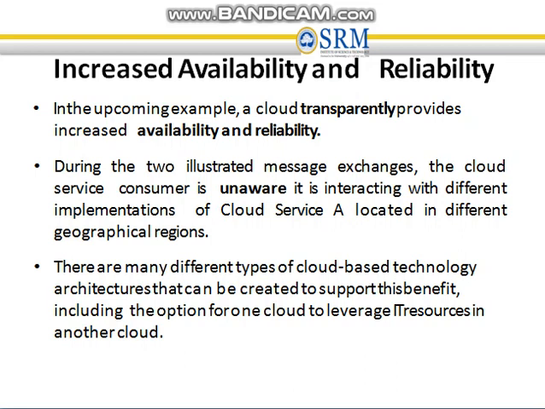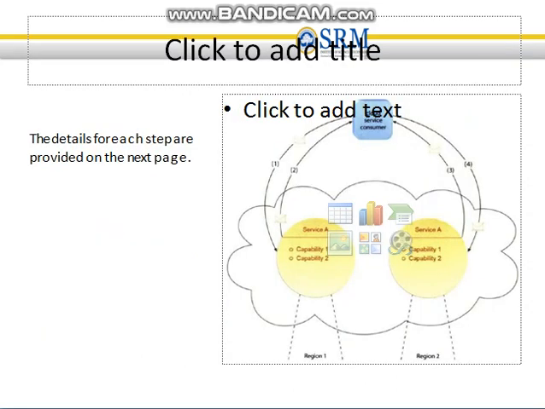These will clearly tell you how the cloud transparently provides increased availability and reliability. When we look at this particular slide, there are two services, service A and service B. When the cloud service consumer puts a request to service A, it responds to that request. Similarly, when service A is not available, the consumer is asked to put in a request again.